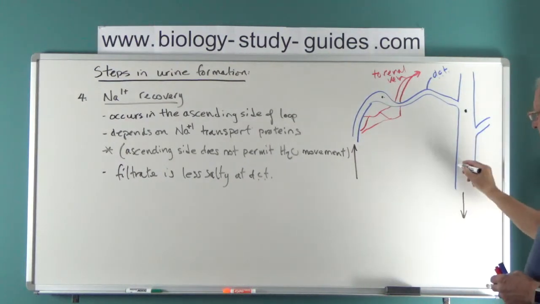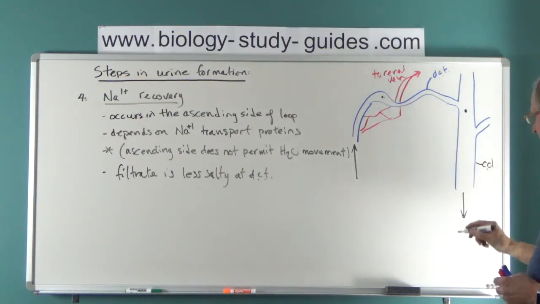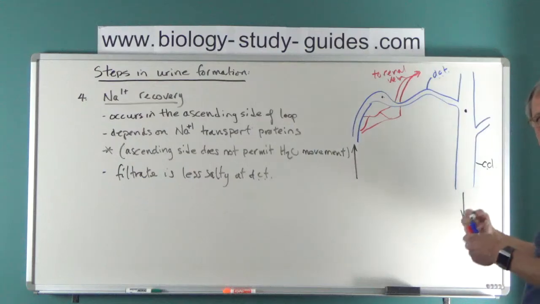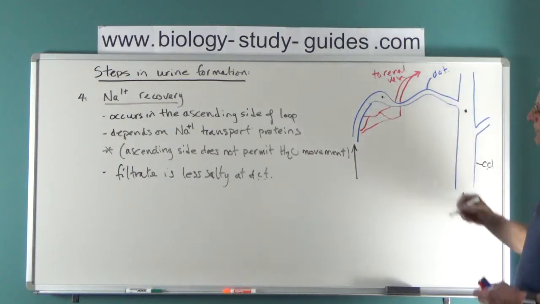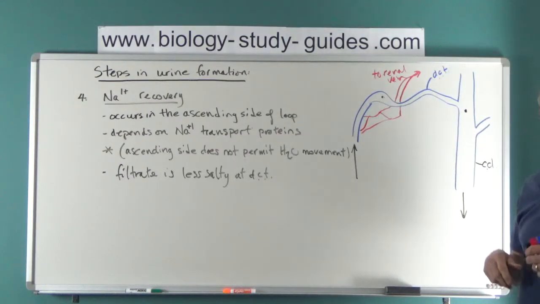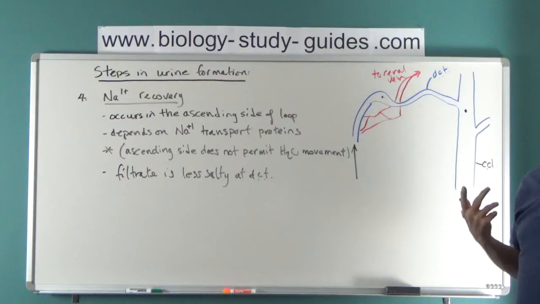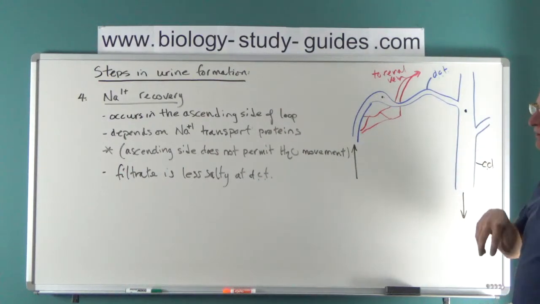This collecting duct, CD collecting duct, takes it to the renal pelvis where it's stored before it goes to the bladder. The features that these cells along here are specialized for is to help maintain some sort of homeostasis with the blood and the urine and so on.